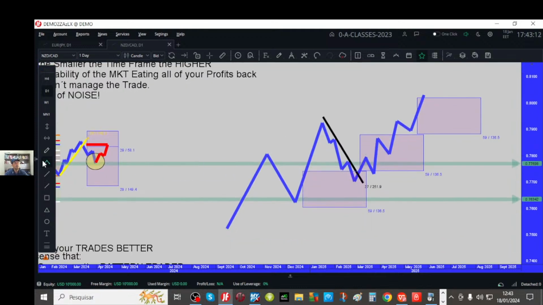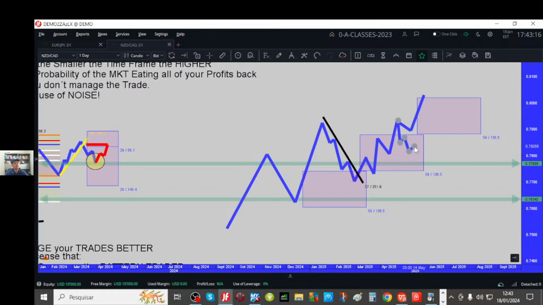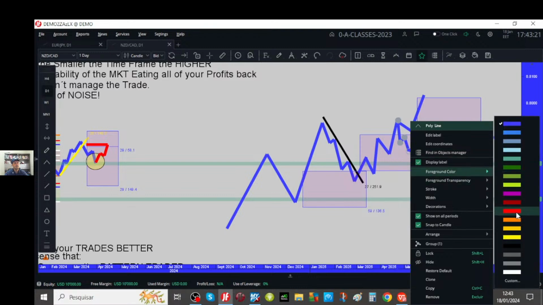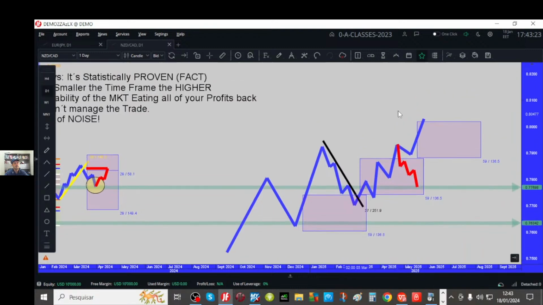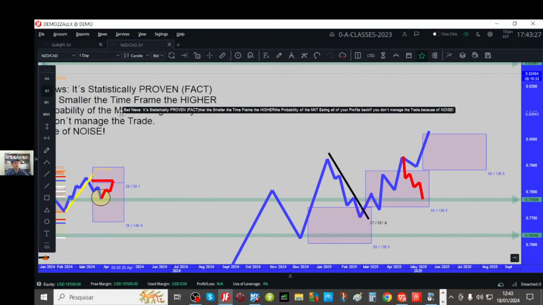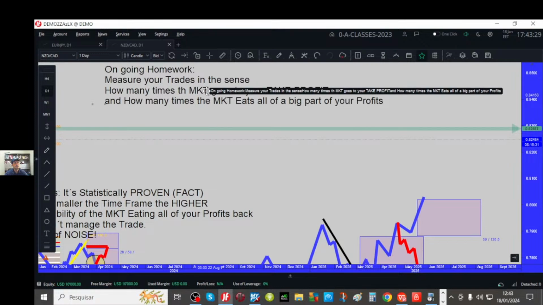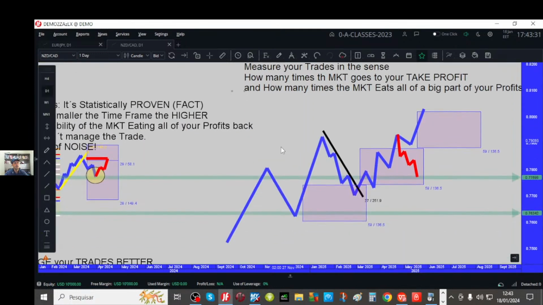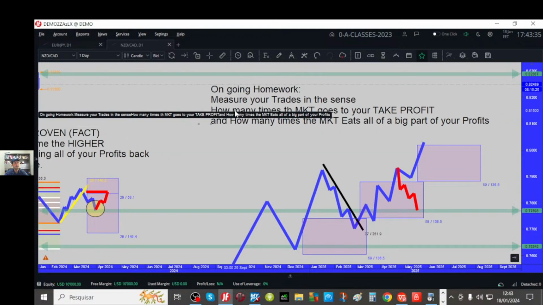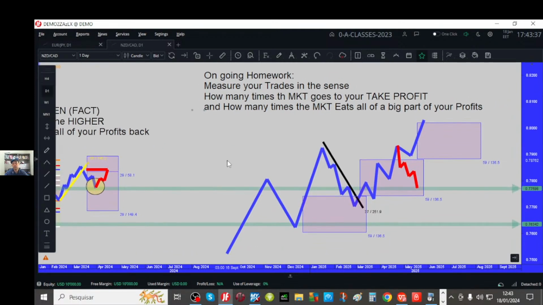So this would be the entry, and up in here the market just reverses and goes down like this. Make sense? Every week you can measure the market and your trading based on what you do.